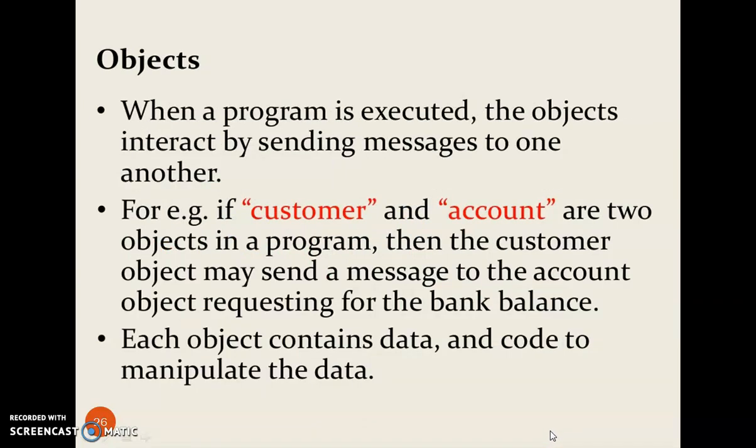What is meant by object? When a program is executed, an object can interact with another object by sending messages. For example, if you have two objects in a program, a customer object and an account object, then the customer object may send a message to the account object requesting the bank balance. So each object contains data and code to process that data.